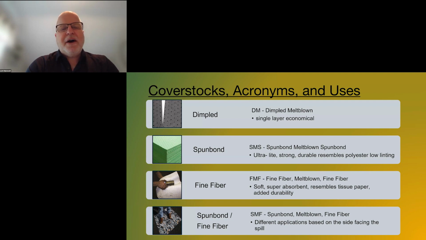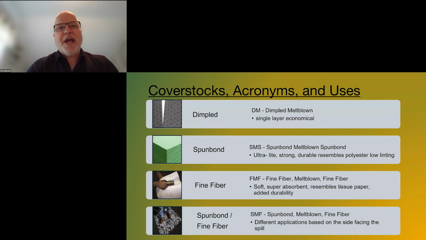Spunbond, or SMS, is a spunbond meltblown cover stock. And a lot of times we put spunbond on both sides and meltblown in the middle. This is an ultralight, strong, and durable cover stock that resembles polyester and it's low linting. So if you were to touch a spunbond pad, it has a really smooth and silky feeling. If you were to scratch your hand over it, you're going to see that it really doesn't lint up or flake.